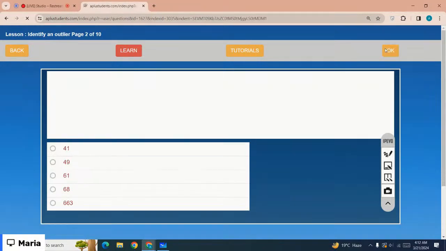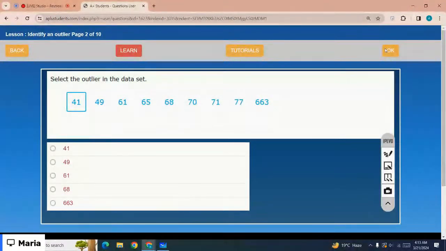Select the outlier in the data set. Which is the correct option?